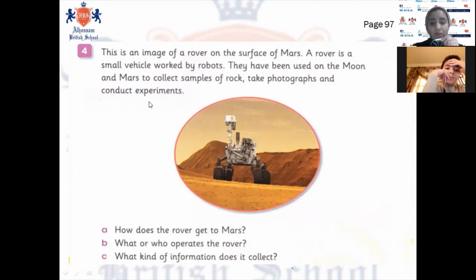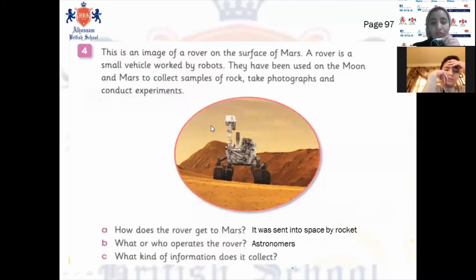By spaceship. What or who operates this rover if it reaches, for example, the moon or Mars? Astronauts, excellent. They control them from the Earth.